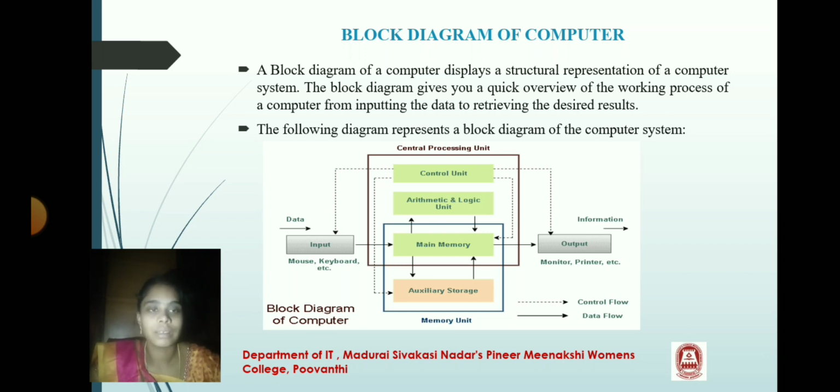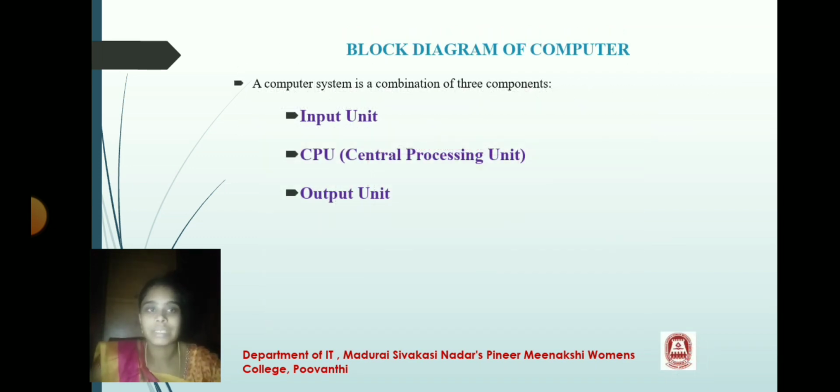The desired result is also in binary format, which is transformed into a human readable format, which may be provided on the monitor or printer based on the user's response. The result is outputted to the output unit. These are all the basic components. So let us discuss in detail.